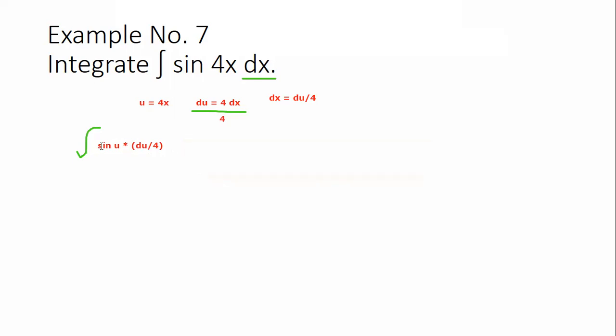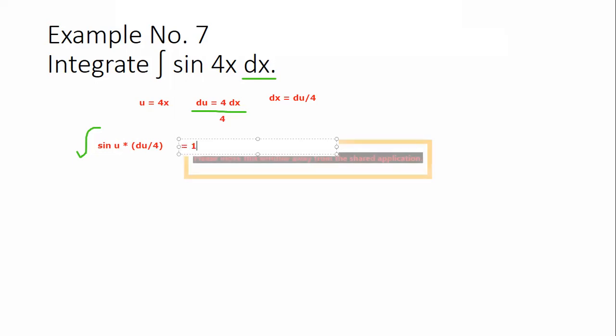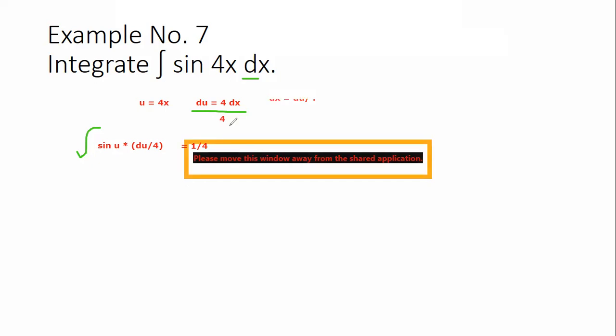However, we have a fraction here, so we need to put the fraction outside of the integral sign because that's not part of the derivative. So we have 1/4 times the integral of sine u.